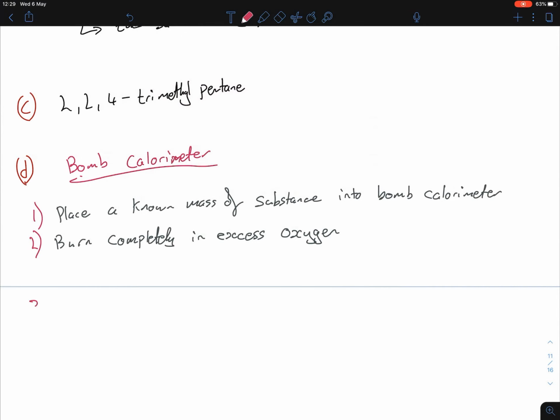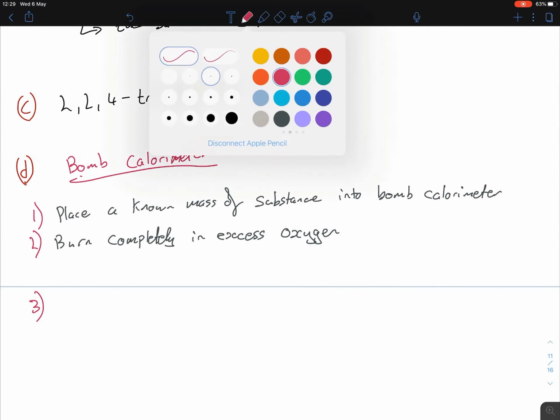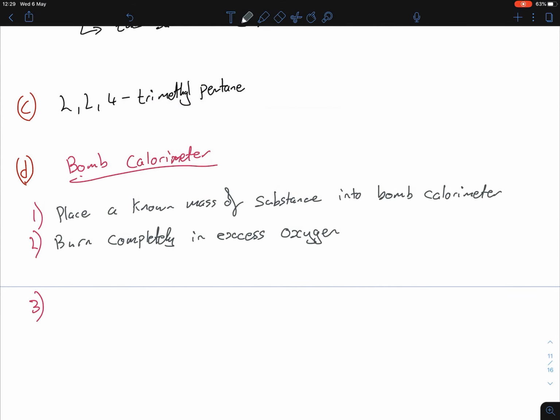Step 3. Find the heat produced and the heat capacity.